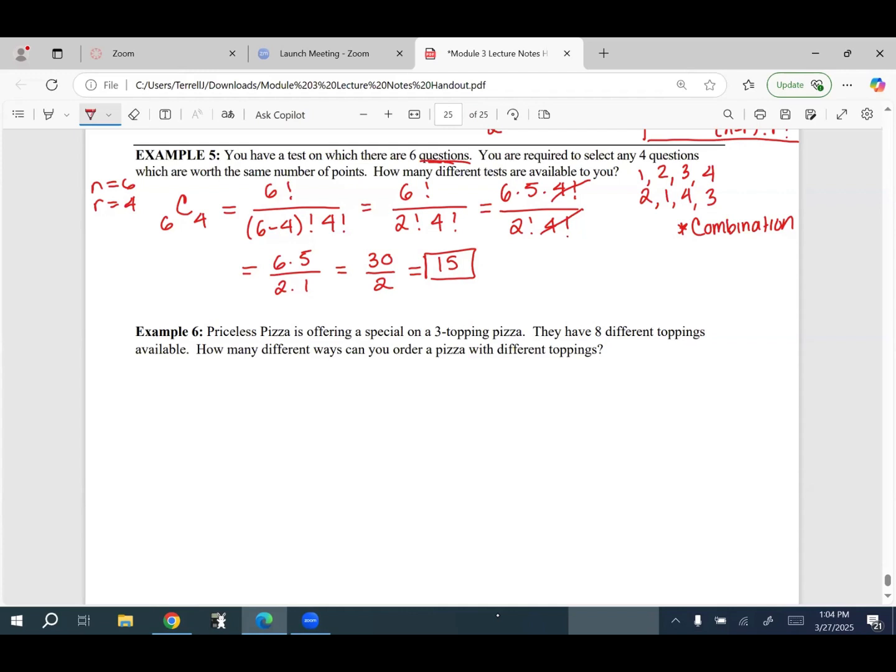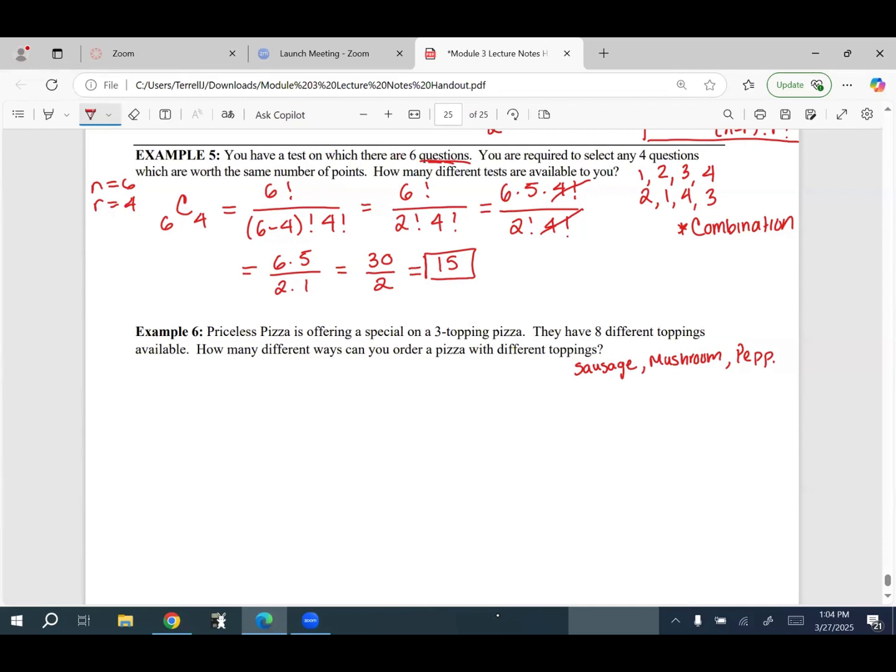So select 3 different toppings. Let's say you have sausage, mushroom, and pepperoni. I'm just going to abbreviate that. That's one pizza with 3 different toppings.